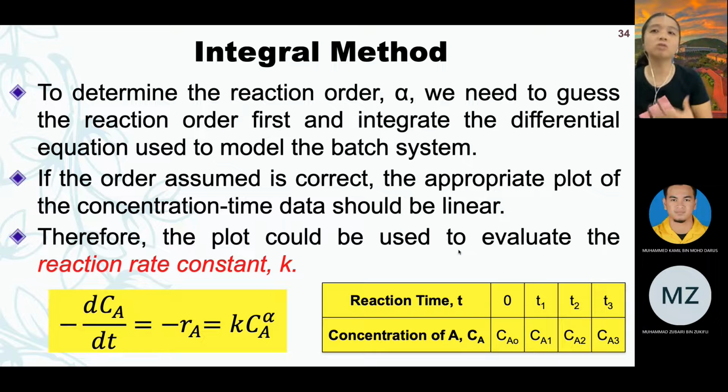So you would like to just verify betul tak tindak balas ini mengikut literature. So kamu hanya akan plot ikut first order punya equation, kamu plot, kamu verify, dia ada certain characteristic that I will teach you and you can see kalau dia mengikut characteristic tu, you can confirm, okay, correct, my reaction is first order.